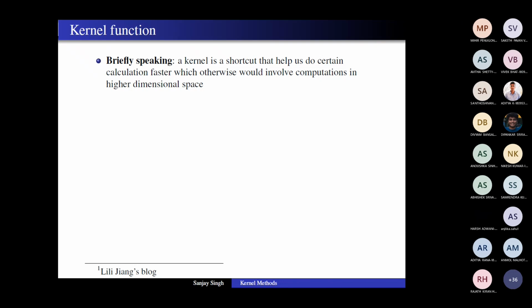Simply put, it is some sort of trick which helps us to do faster computation, which is otherwise required in the higher dimensional space. I'll show you with a demo, a numerical demo.